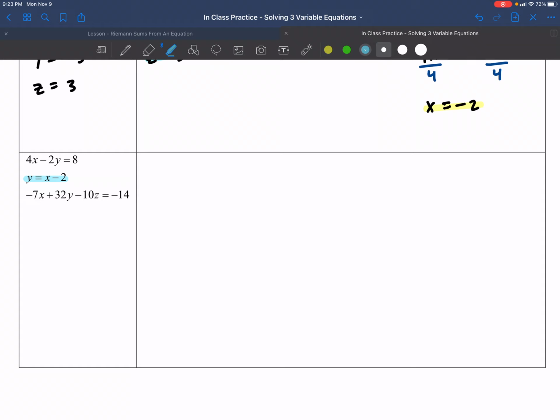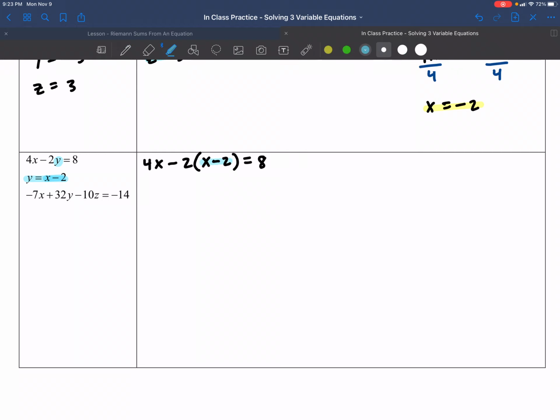What that means is that I can replace y in any equation with x minus 2. So I'm going to do that with the first equation: 4x minus 2, and I'm going to replace y with x minus 2, and that's going to be equal to 8.